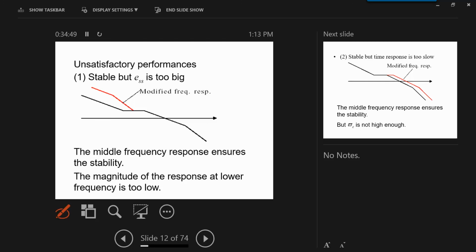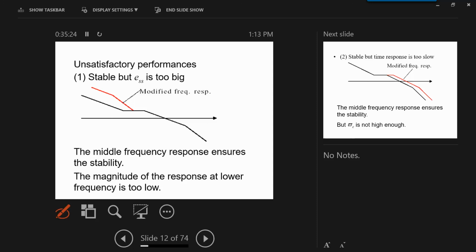Kp, the position error constant, is the intersection of the magnitude plot with the magnitude line as omega goes to 0. So when I shift the magnitude plot up at the low frequency, what am I directly doing? I am improving the steady state error performance by improving Kp. So you're moving the magnitude up.